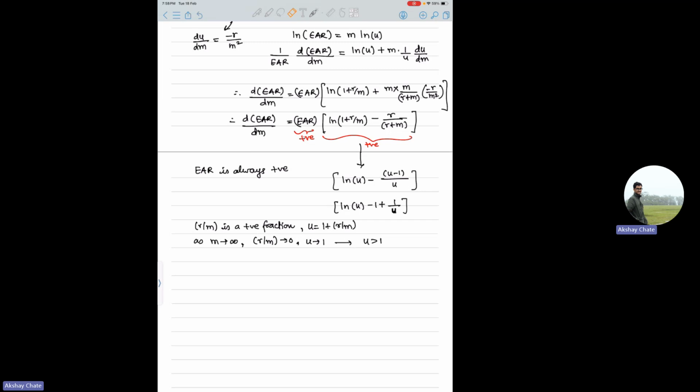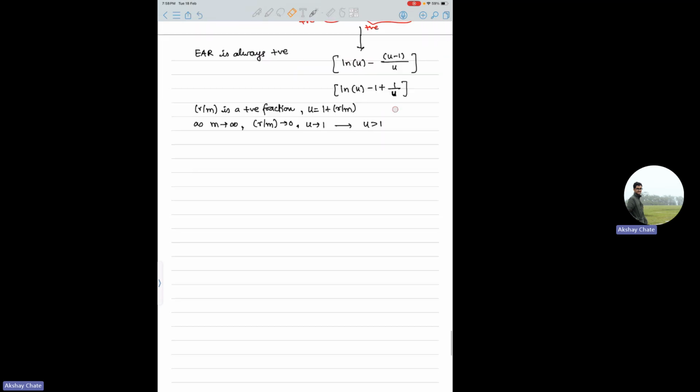Yeah, now it makes sense, because if you plot this function, I have just plotted it. You can plot it yourself using Desmos or anything. So you'll see this function. Let's say this is your U and this is your function ln of U plus 1 by U minus 1, so this is basically your Y value. You'll see it goes like this.